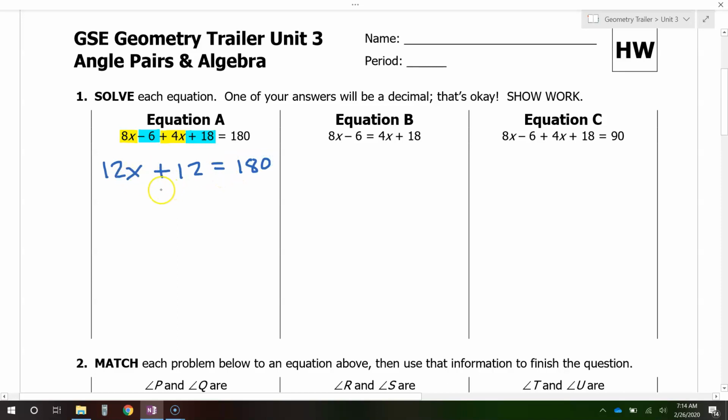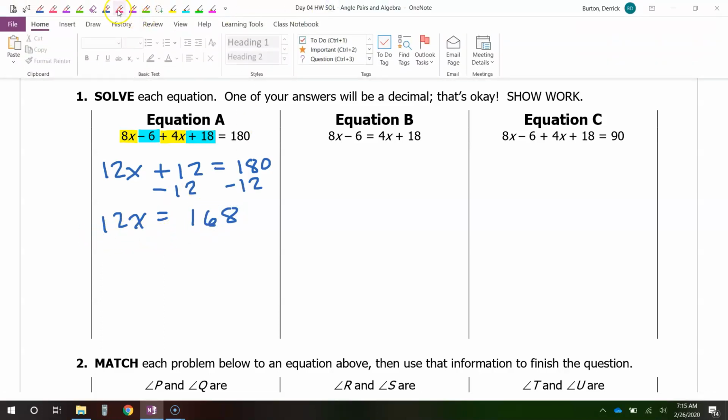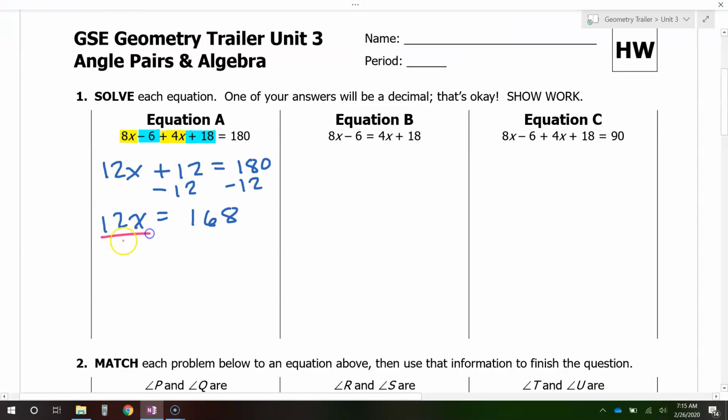We have to get x by itself, so our next step is to subtract 12 from both sides. So that's going to leave us with 12x is equal to 168. And then finally, we need to divide both sides by 12.